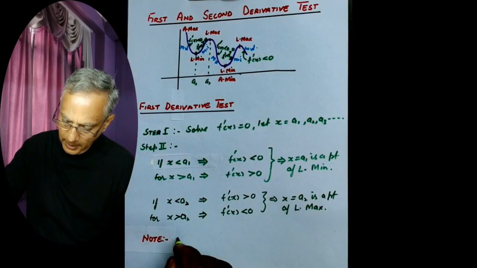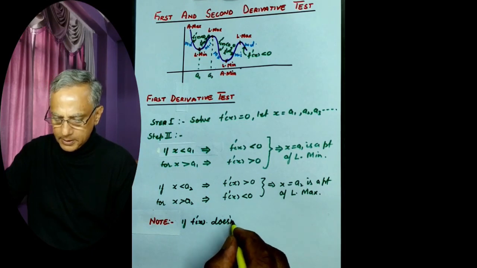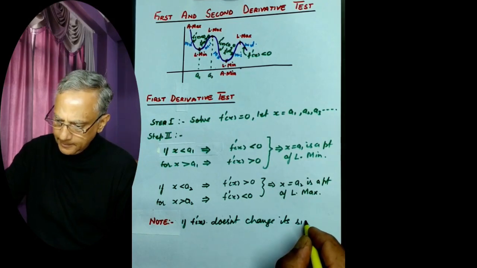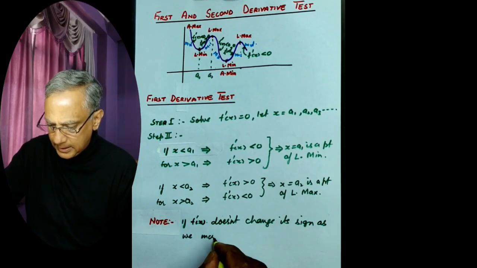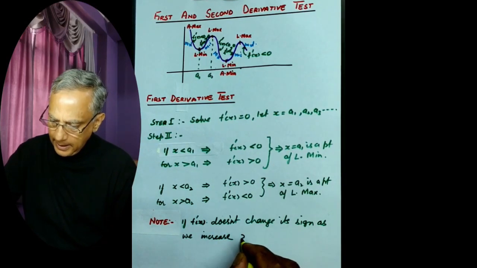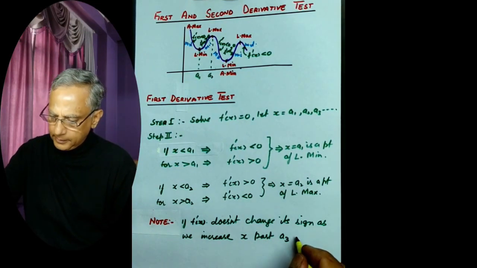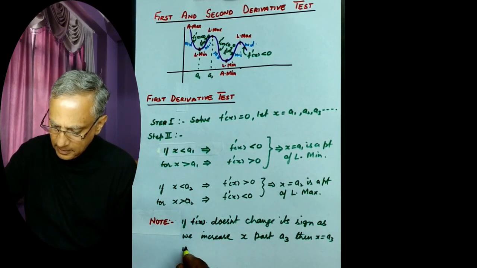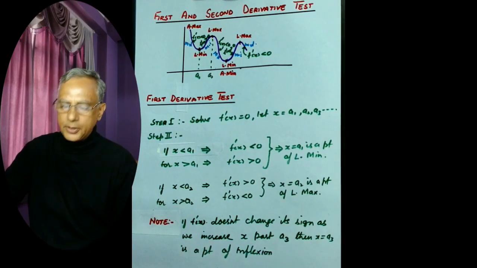Note, if f dash x doesn't change its sign as we increase x past a3, then x equal to a3 is a point of inflection.